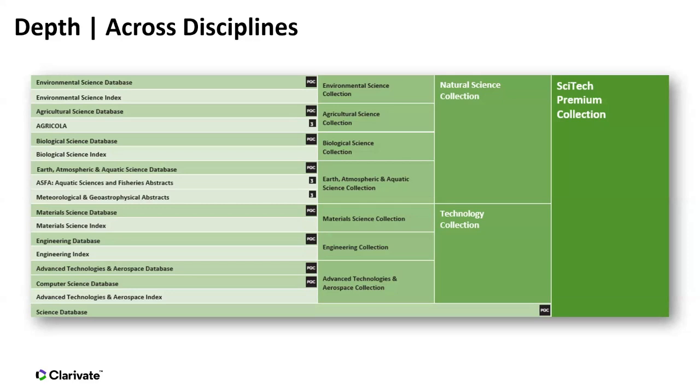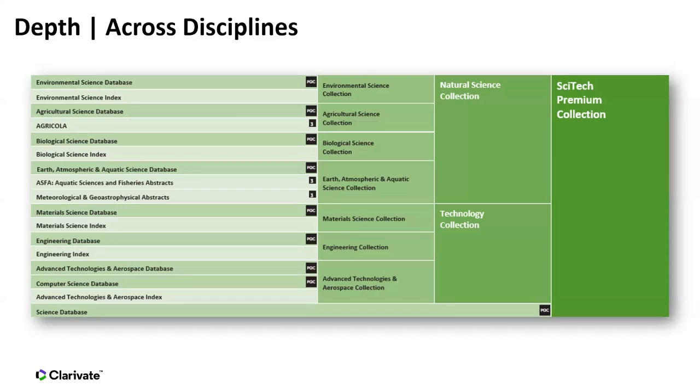And each of these collections is further composed of a full text database covering the subject matter, and at least one abstract and index database in the subject. You can search SciTech Premium across the entire set of databases for the most results and the most depth of any particular search term or topic.